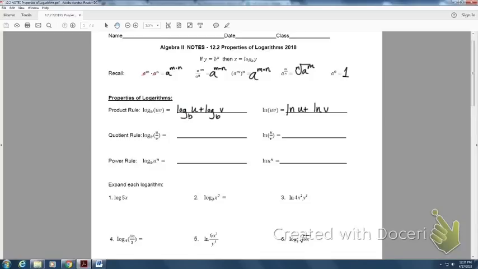Going back over to the quotient rule, I'm going to have log base b of u, the numerator, minus log base b of v. And again, for natural log, it's going to be the exact same thing, just with the natural log. So natural log u minus natural log v.